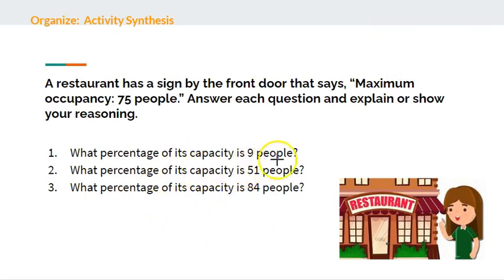What percentage of its capacity are 9 people? Well, it's 9 out of 75, right? If 100% is our total, we need to find out what percentage the 9 is, and again that's where we do a quick bit of division.